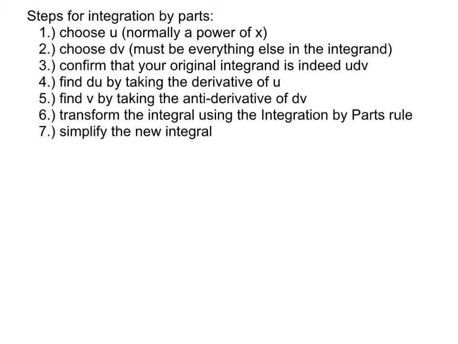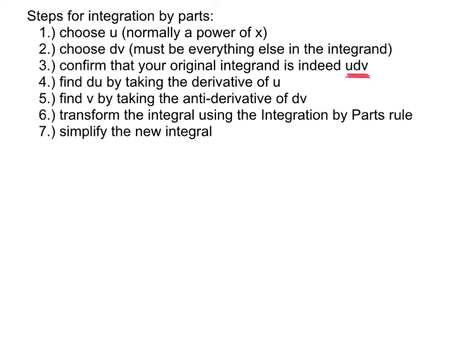Step 3 seems like a silly step, but the idea is you have to confirm that your original integrand really is the product of u and dv. Make sure that whatever you chose for u and whatever you chose for dv really is the entire integrand. Step 4, find du by taking the derivative of u. Step 5, find v by taking the antiderivative of dv.